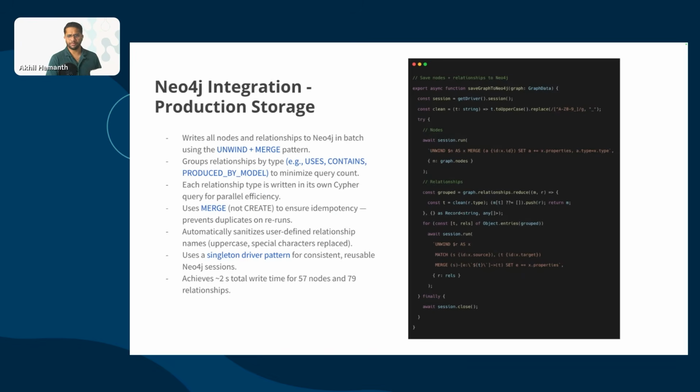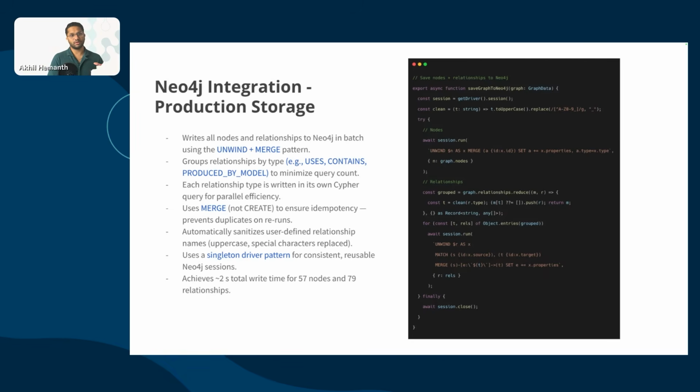So just to give an example of what the code looks like for this final step, it writes all the nodes and relationships to Neo4j in batch using the unwind plus merge pattern, groups relationships by types, and these are the types that we had put in the step one, entities and relationships.